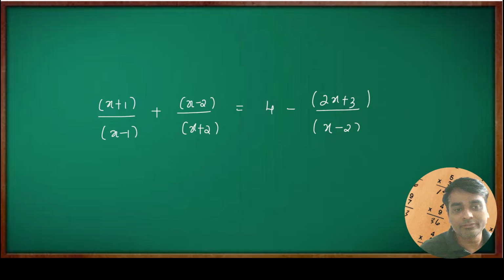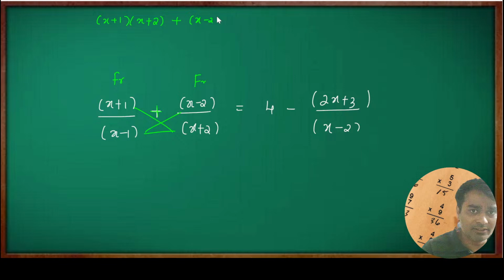So very simple. First, this is not in standard form. Here you have plus, and you can consider this as a fraction and this as a fraction. So you cross these first. When you cross this, you will get (x plus 1) into (x plus 2) plus (x minus 2) into (x minus 1), and the whole divided by (x minus 1) into (x plus 2).